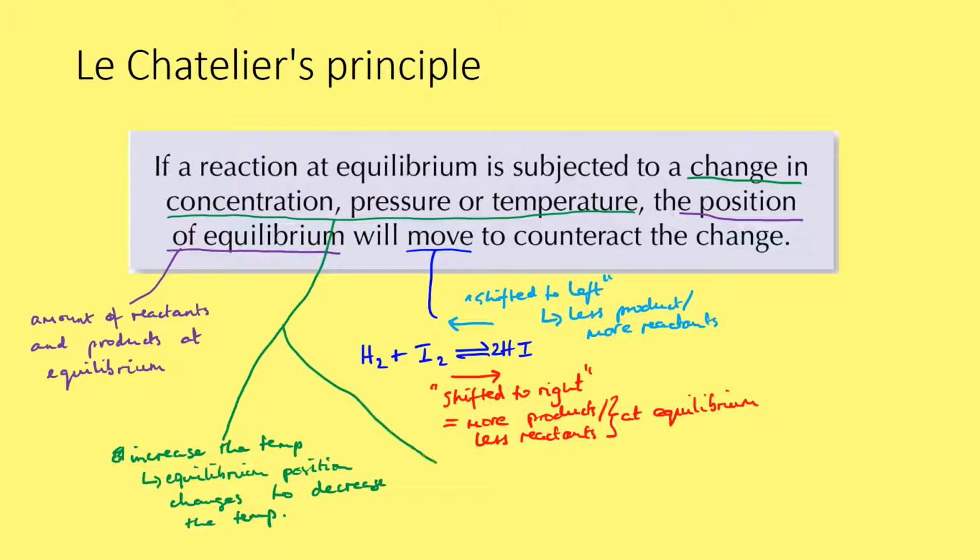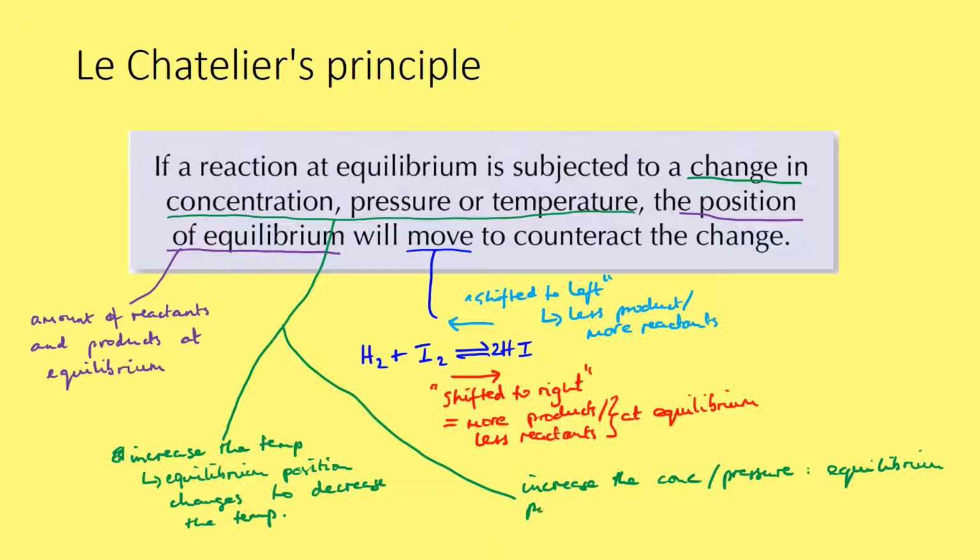And by the same token, if we increase the concentration or the pressure, all it means is that the equilibrium position will move, so the amount of reactants and products will change in order to decrease the increase in concentration.